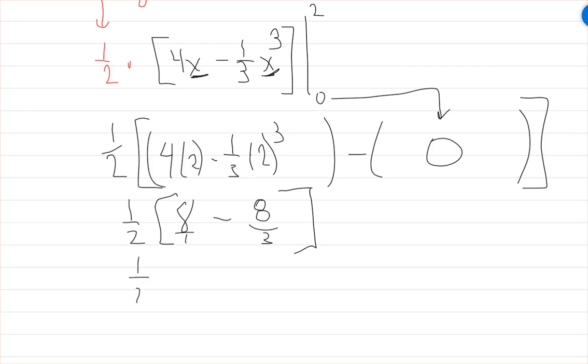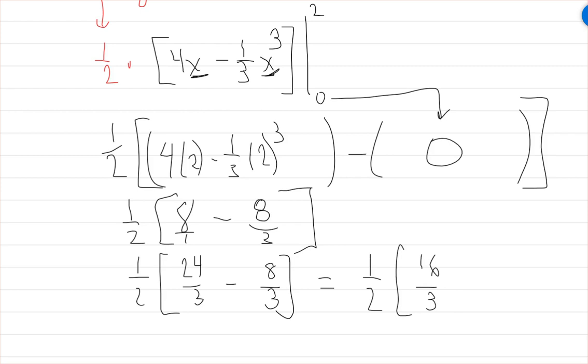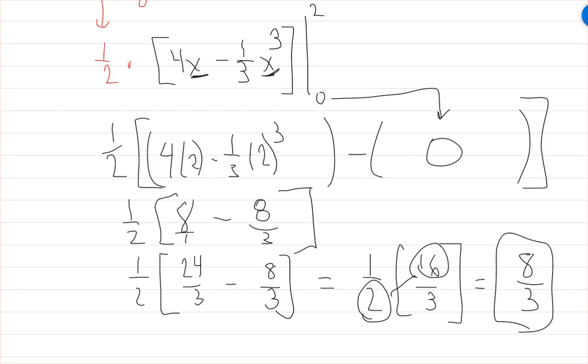So I get 1/2 times 24/3 minus 8/3, which is going to equal 1/2 times 16/3. And then, of course, this 2 and this 16, 16 divided by 2 gives me what? 8/3. And so that average value, that's my y average for this function, is 8/3.